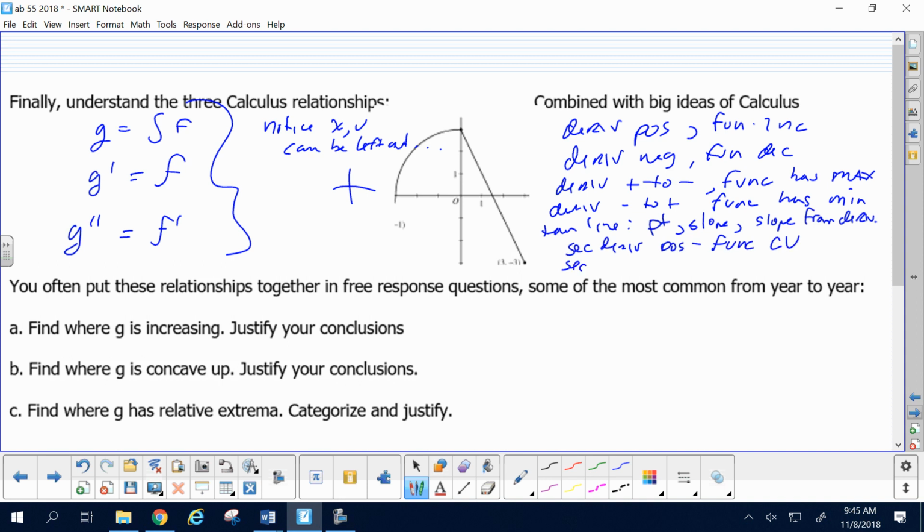Where the second derivative changes signs, what happens? It's an inflection. Okay, now, all these ideas together make a very common question.